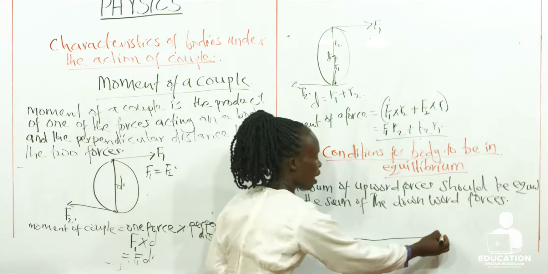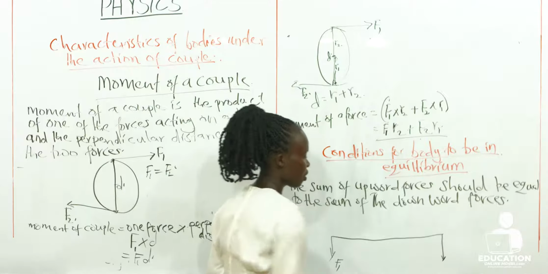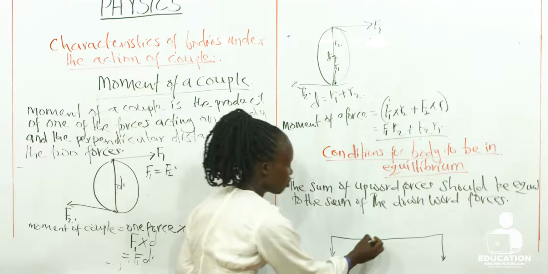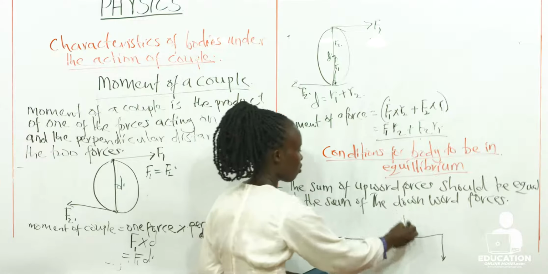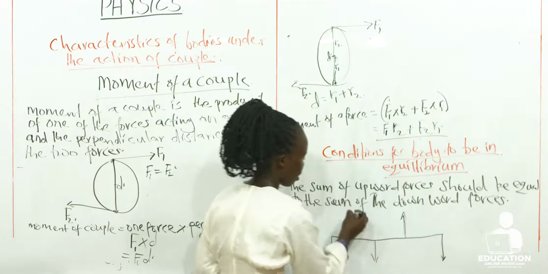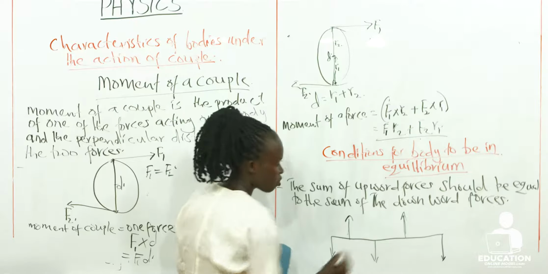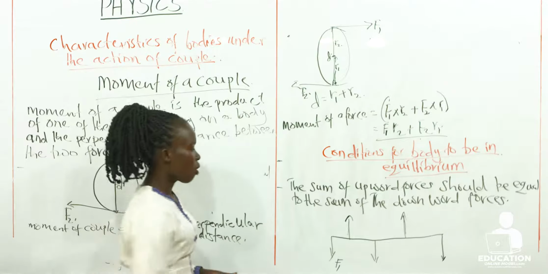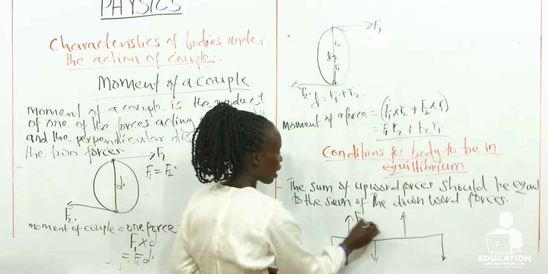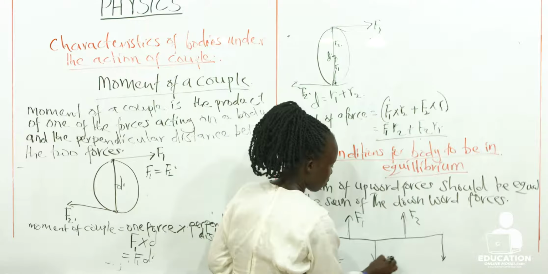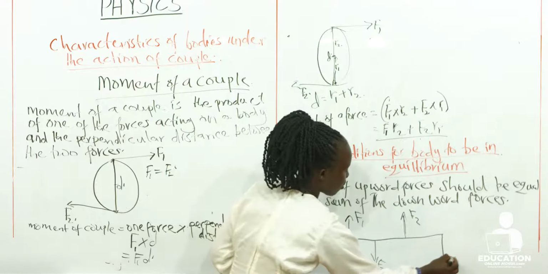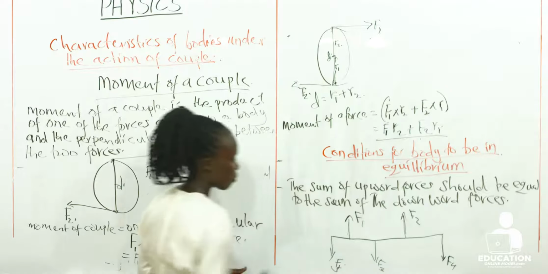What if we apply another force here? Look at these forces. We have several forces. Here, we have upwards and then downwards. So our condition will be that all these forces you are applying here, F3, we shall have this as our F4 and F5.